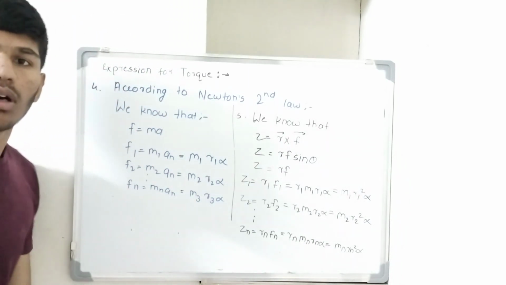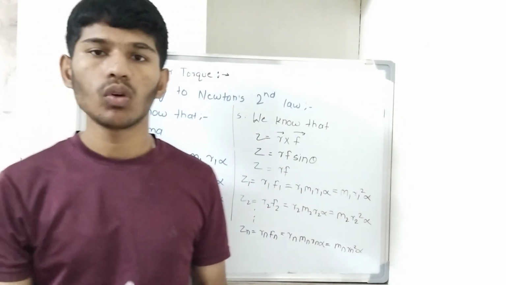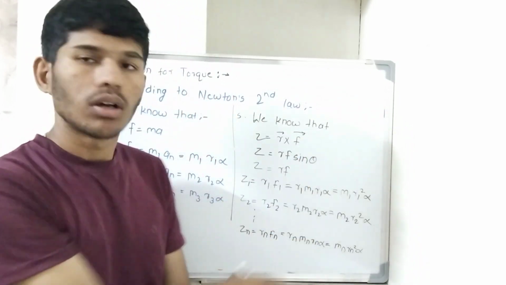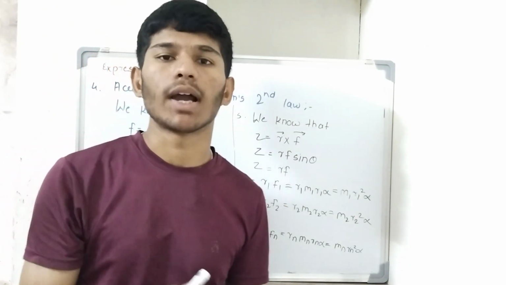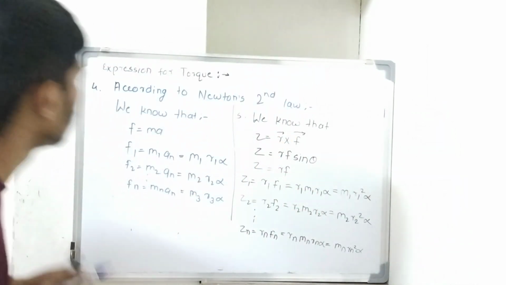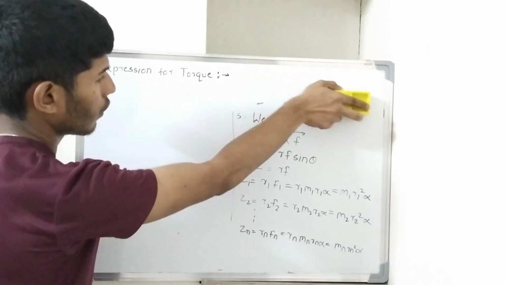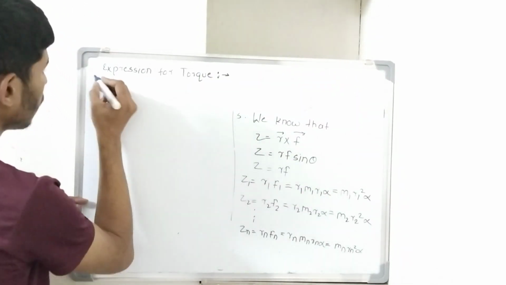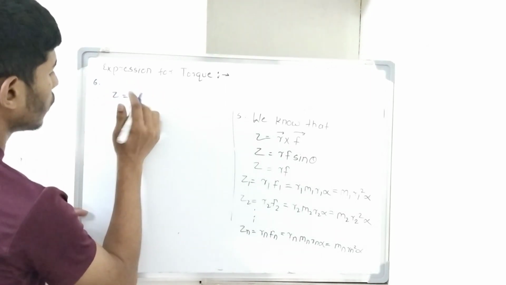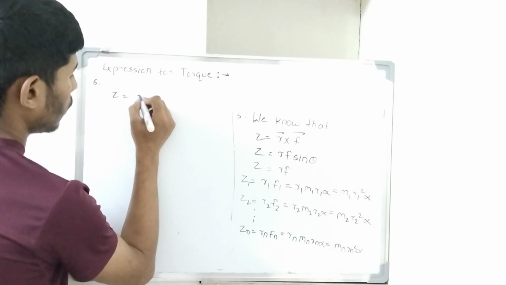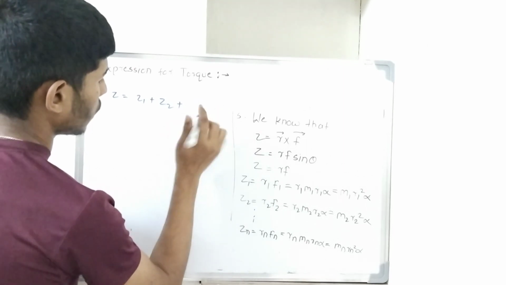Now if we have to find the magnitude of the angular torque, we have to algebraically add all these torques. So tau is equal to tau 1 plus tau 2 plus tau 3, sorry, till tau n.